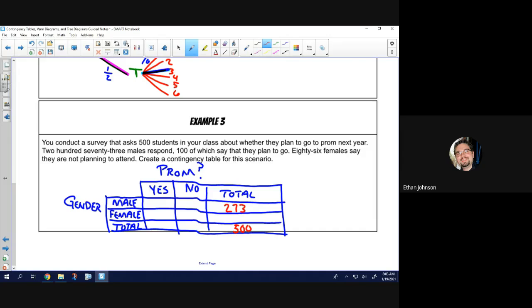Of which those males, 100 said they plan to go to prom. Then it says 86 females say they're not planning to attend. Go ahead and take a moment, double check what you have started off with, and try the rest of the problem yourself.